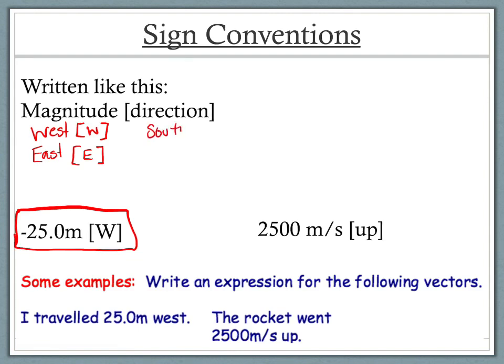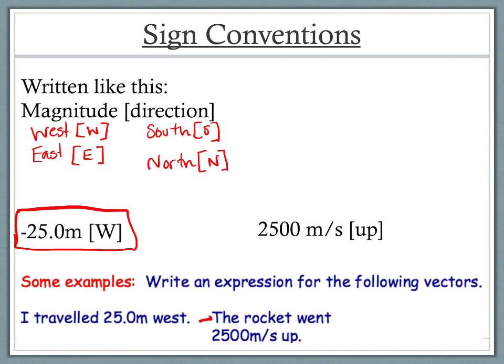For south, you put an S. For north, you put an N in there. Okay? For up, you just put up in the square brackets, or down, or forwards or backwards in the square brackets as well. So that's how we're going to write that.